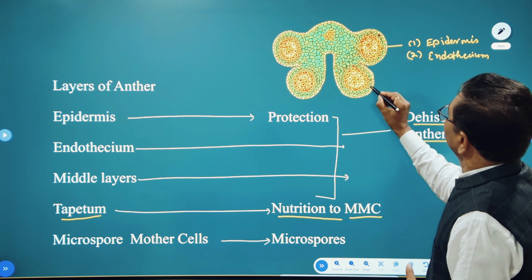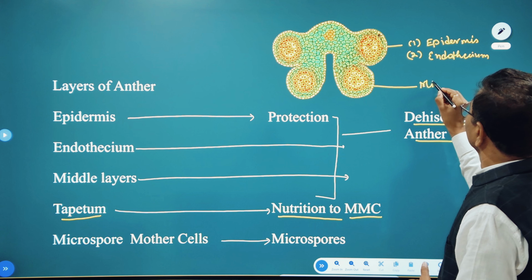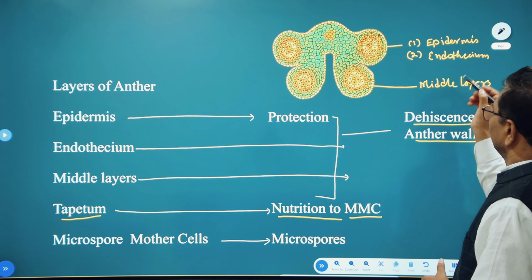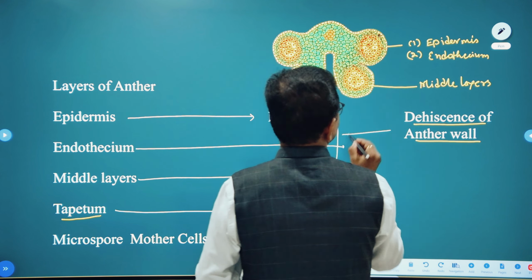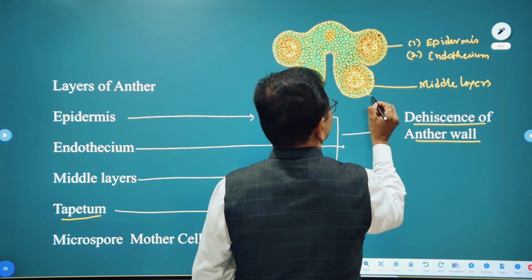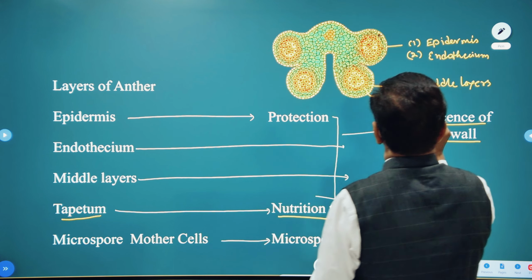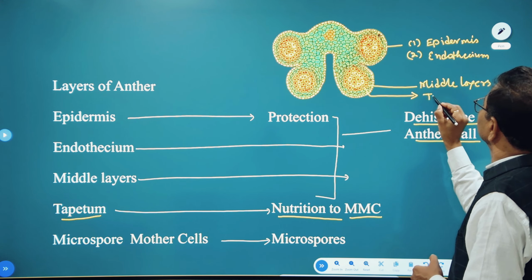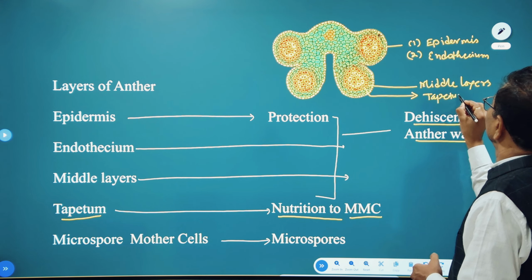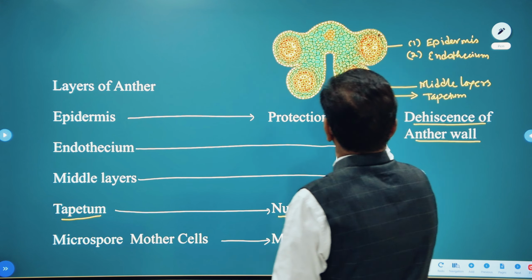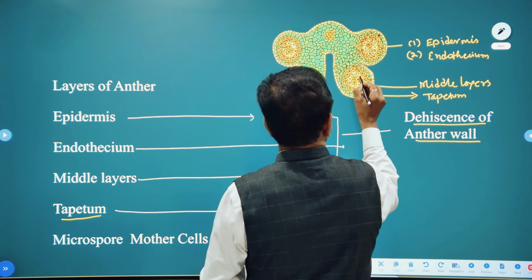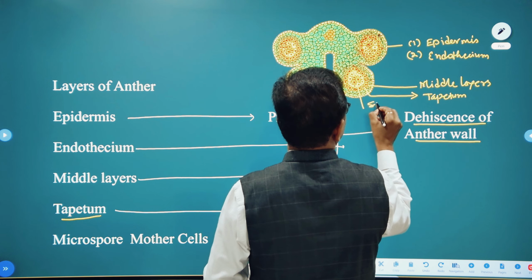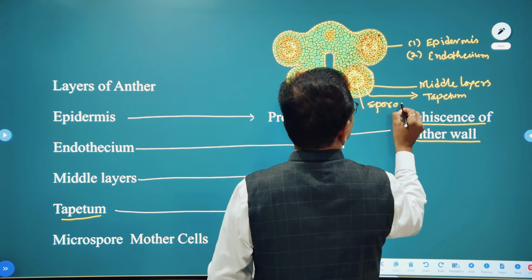At number 3 will be the middle layers, middle layers maybe 1 or 2 cells thick, and just inside the middle layers, the innermost layer of the anther wall, is the tapetum, tapetum, and inside the tapetum you will get sporogenous tissue. What will be inside? Sporogenous tissue.